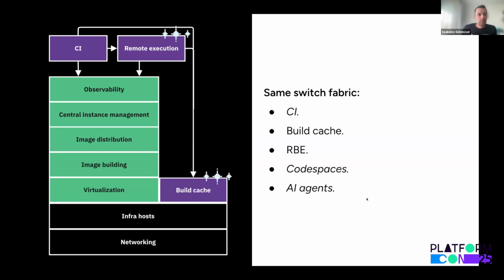Other 2 things that I wanted to mention are still under development. One of them is Codespaces. It's very similar to GitHub Codespaces. It's remote developer environments, which is really close to what we are already doing. We have a bunch of VMs, we have a bunch of tooling installed, we have central management and everything. And we could fire off these to provide remote developer environments.